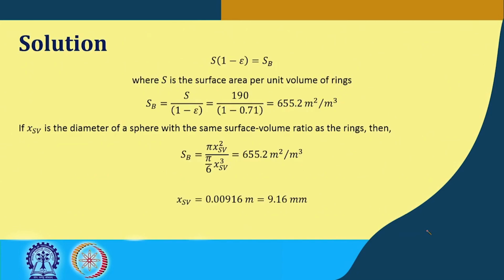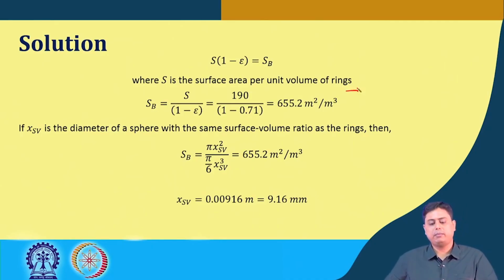We have the information of SB, which is the surface area of particles per unit volume of the bed. Let us convert that to the surface area of the particles per unit volume of the particle. So, that is the surface area per unit volume of the Raschig rings.